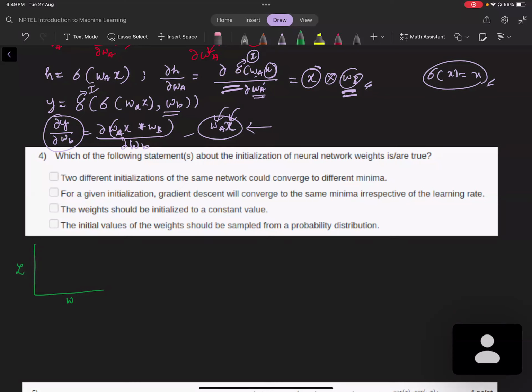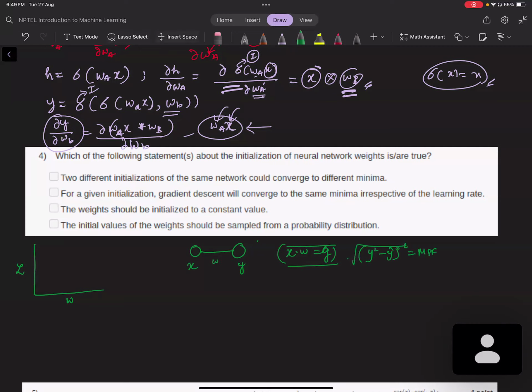The neural network is like this: your input X, times W, you add some bias, it doesn't require, and it is equal to Y hat.